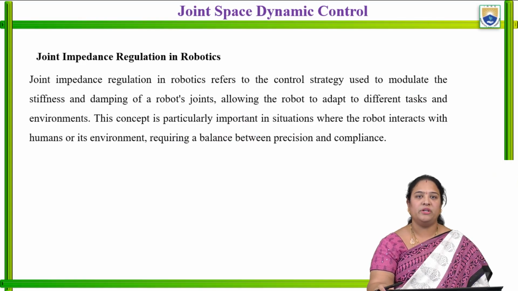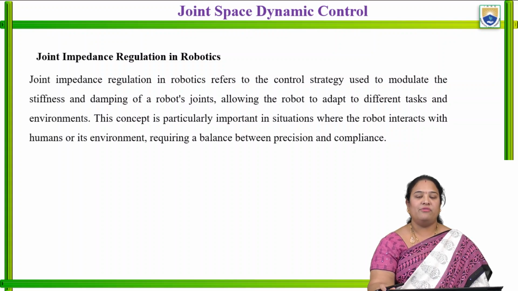Firstly, coming to the joint implementations of the regulations in the robot, what do we mean by joint impedance? Most of you may not be aware of what joint impedance is, how it works, or what its various applications in robotics are. Generally, impedance refers to the control strategy used to monitor the stiffness or the damping of the robot joint.